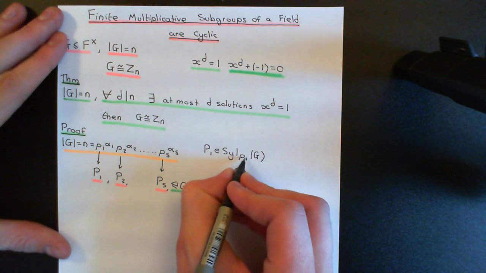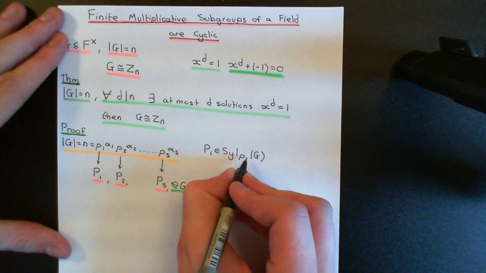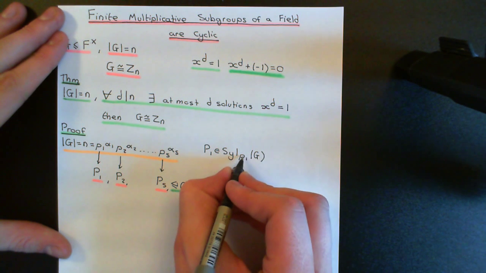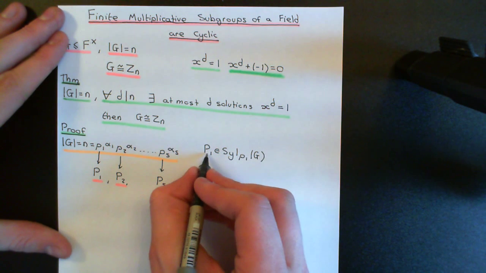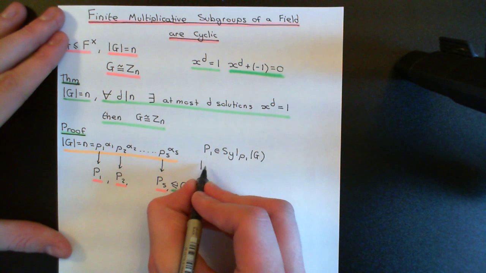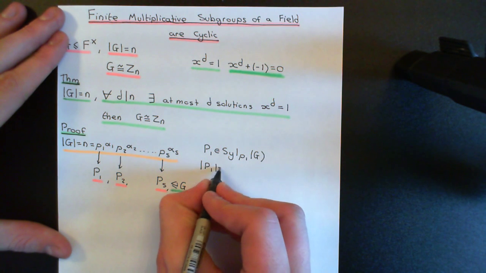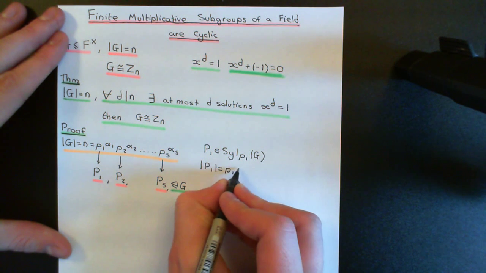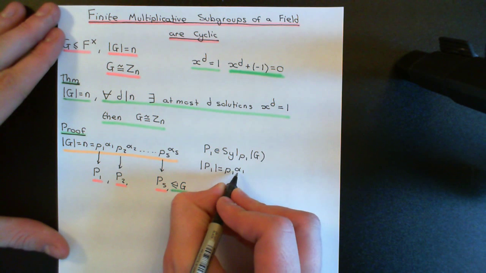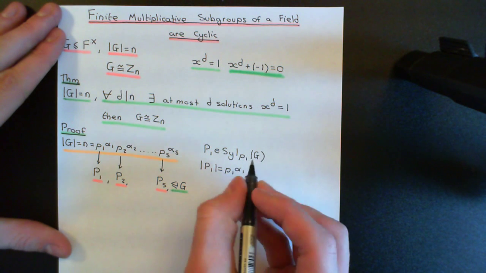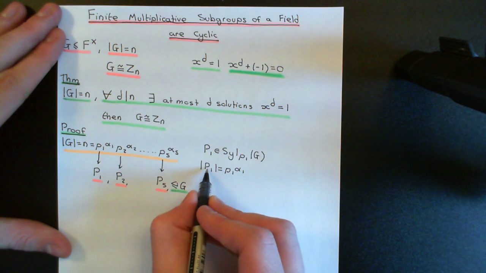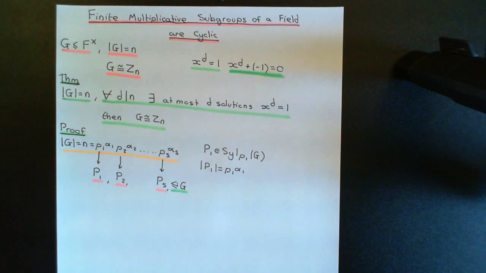I claim that it's the only element in that set, and the reason is this. If you think about all the elements in this subgroup, there are going to be p1 to the power of alpha 1 elements in that subgroup. All elements in a group must have an order that divides the order of the group.